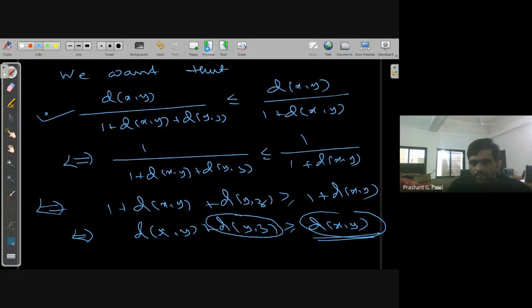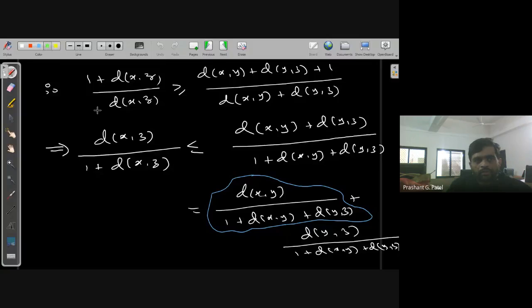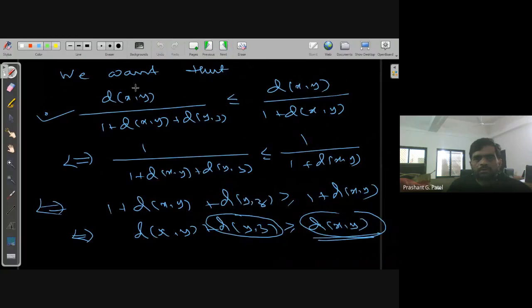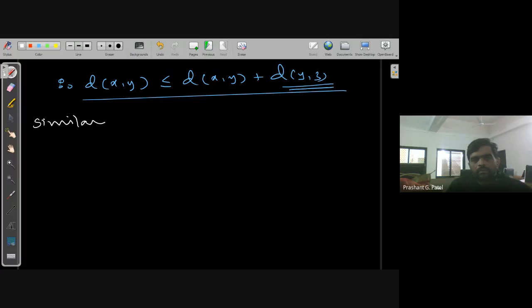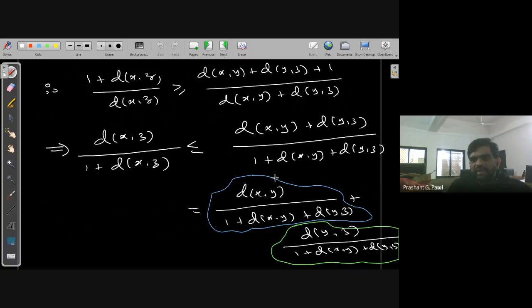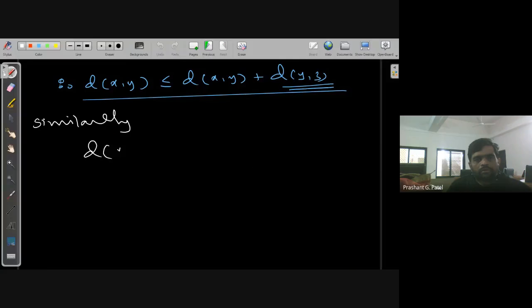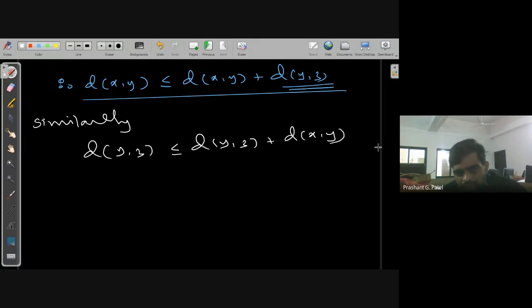Similarly, the other thing that we have here: d of yz is less than or equal to d of yz plus d of xy. Since this is the case, we can take the reciprocal and do all the things which we did here.